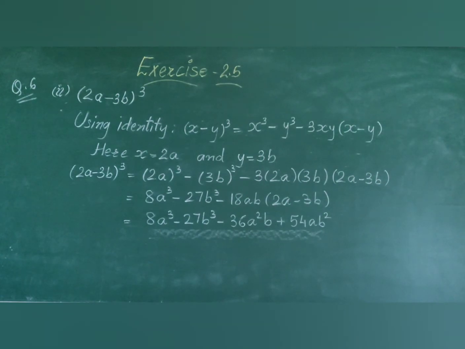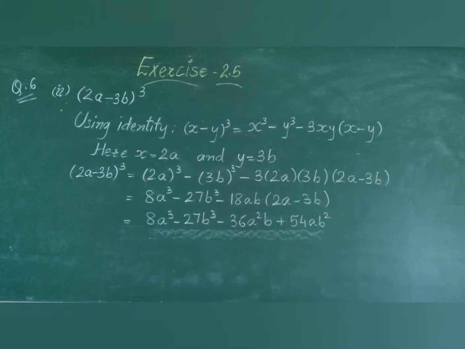Again, for the last term we multiply the monomial by the binomial, so we get 8a cube - 27b cube minus, we multiply 18ab with 2, so 18 2s are 36 and ab as it is, so we get minus 36a square b.